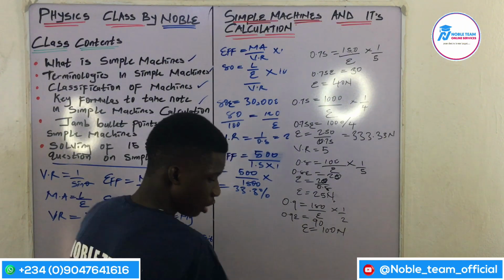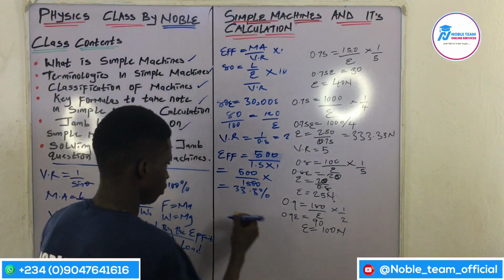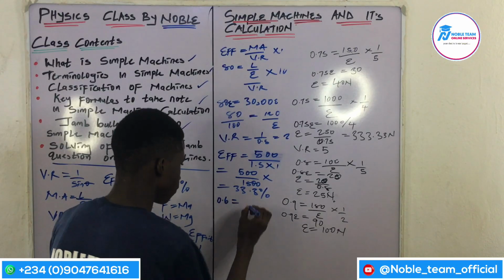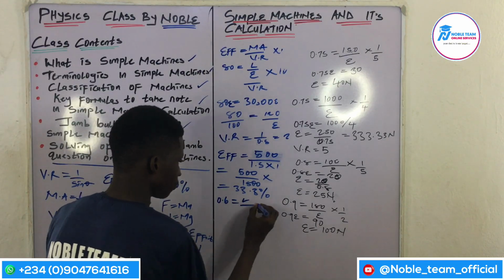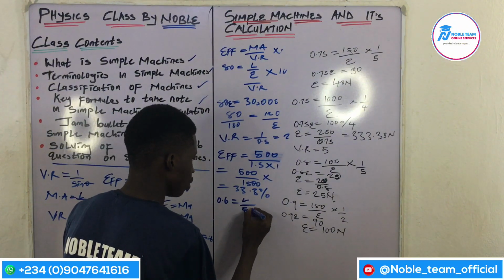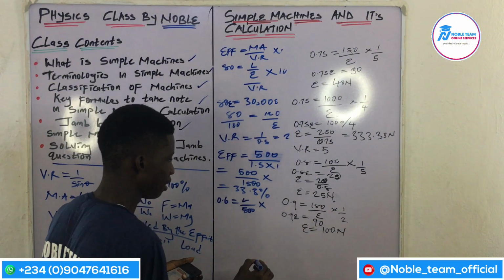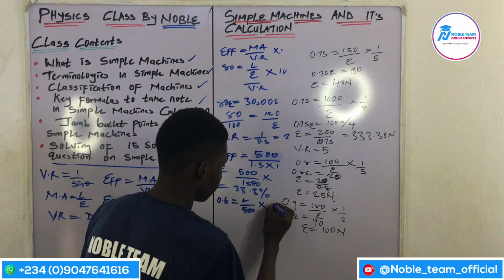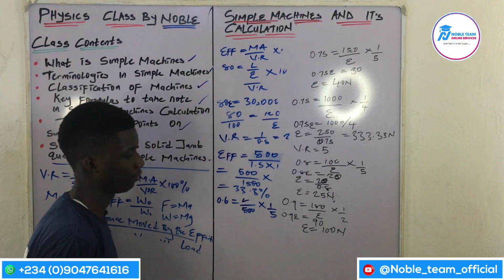My efficiency is 0.6, which is equal to the load, which is unknown, divided by the effort, which is 500 multiplied by 1/5, because my velocity ratio is 1/5.